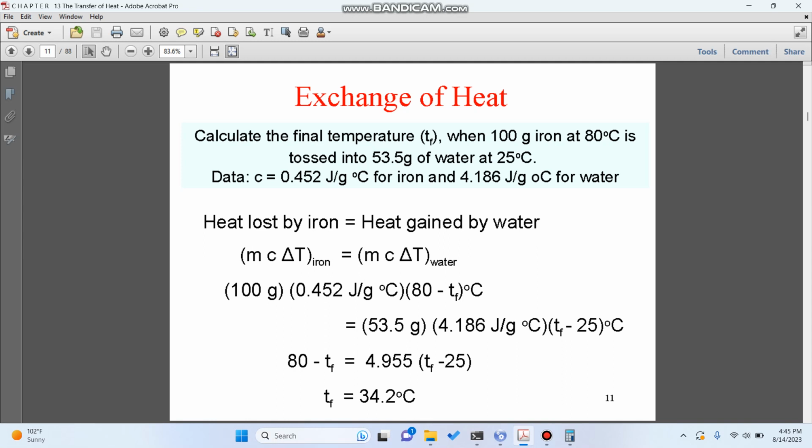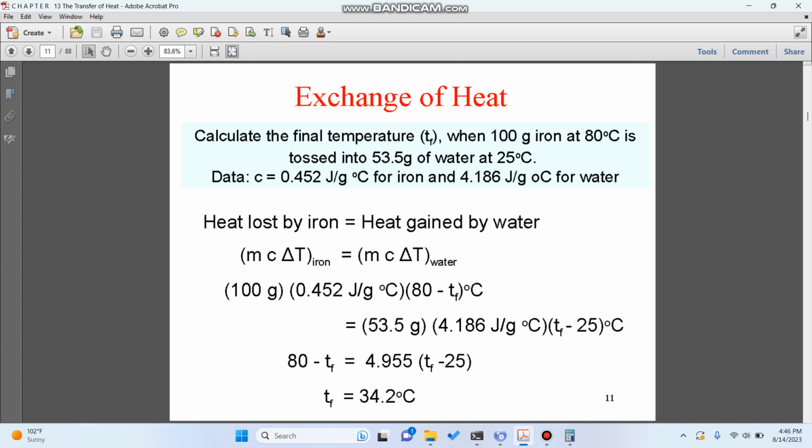Calculate the final temperature when 100 gram of iron at 80 degrees Celsius is tossed into 53.5 gram of water at 25 degrees Celsius.